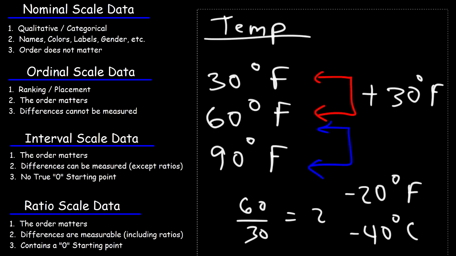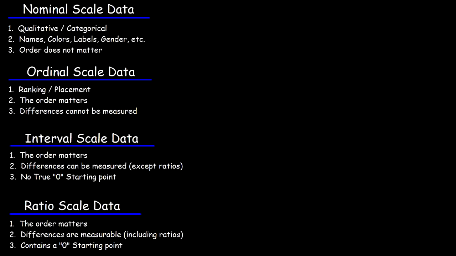Now let's talk about the last one, the ratio scale data. For this one, the order matters as well. Differences are measurable, including ratios, and it does contain a true zero starting point. So let's use grades. Let's say the grades that you'll get on a typical statistics exam.